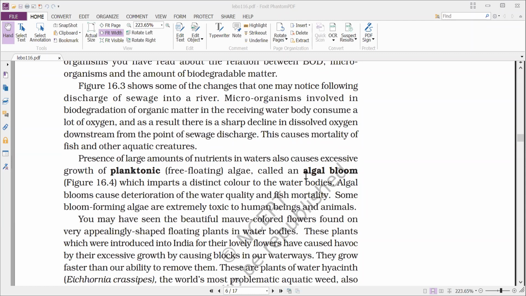When they are present in excess in the soil and the rain falls, they get dissolved in the rainwater, and along with this rainwater they are drained into the nearby water bodies. So a lot of nutrients are added to the water body. Due to increased nutrients in the water body, they enhance the growth of algae, leading to higher growth of algae called algal bloom.